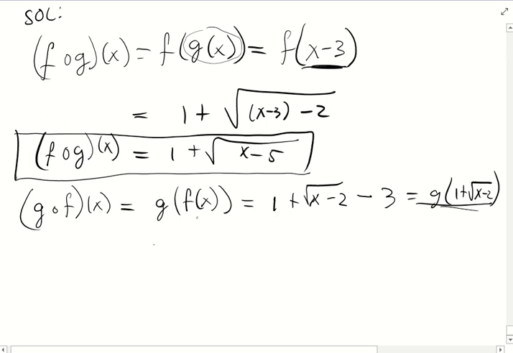Then simplify. So we can now simplify. So this will be 1 minus 3 is negative 2. So the square root of x minus 2, minus 2. So this will be g of f of x.